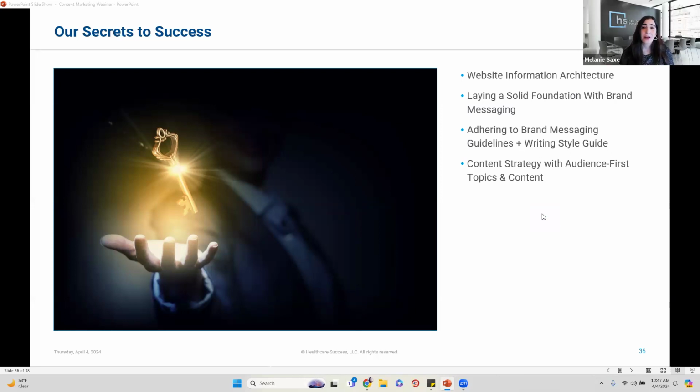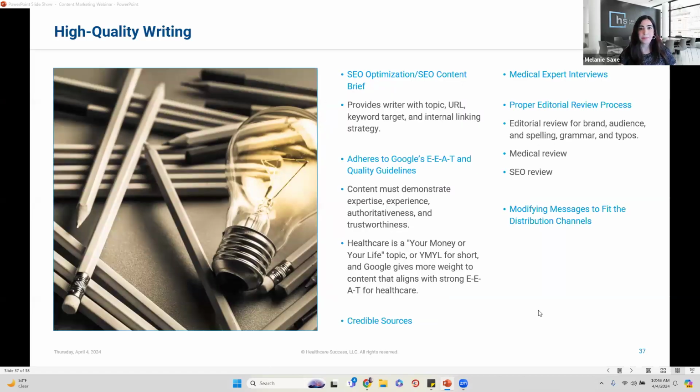Then having a content strategy with audience first topics and content, that's another secret to success. I love when our clients come to us with topics because it means they understand their business. They're telling us, hey, this is what we think is important. But again, as an agency, we do our due diligence and we make sure we align it with what audiences really do want.